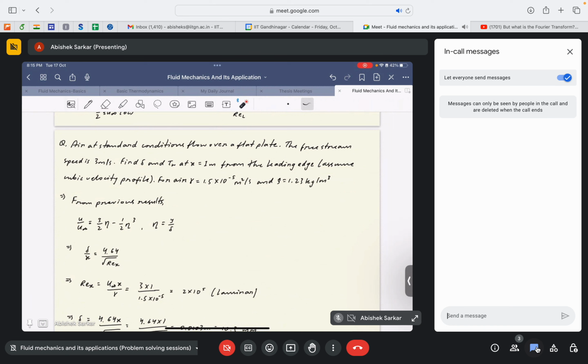By default, if you start this solution, you have to assume a cubic velocity profile, substitute the expressions, and write the steps. Start with a cubic velocity profile.